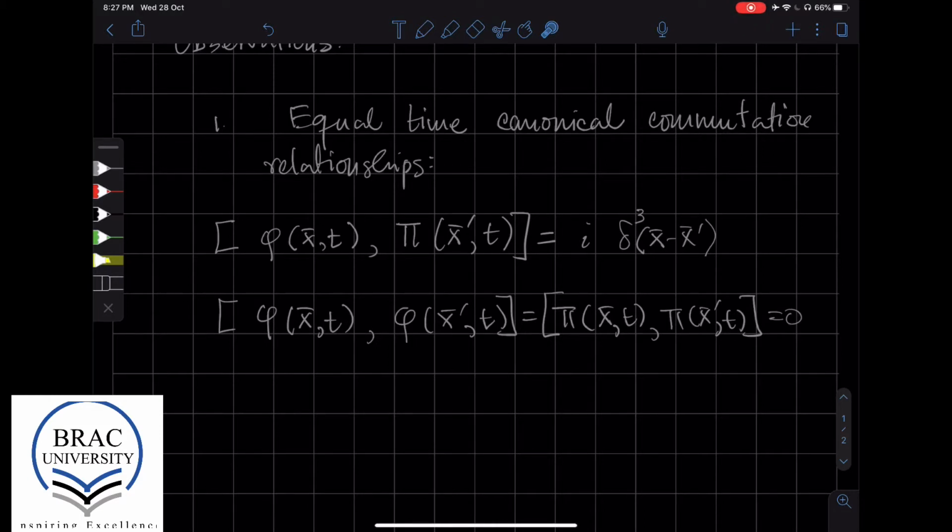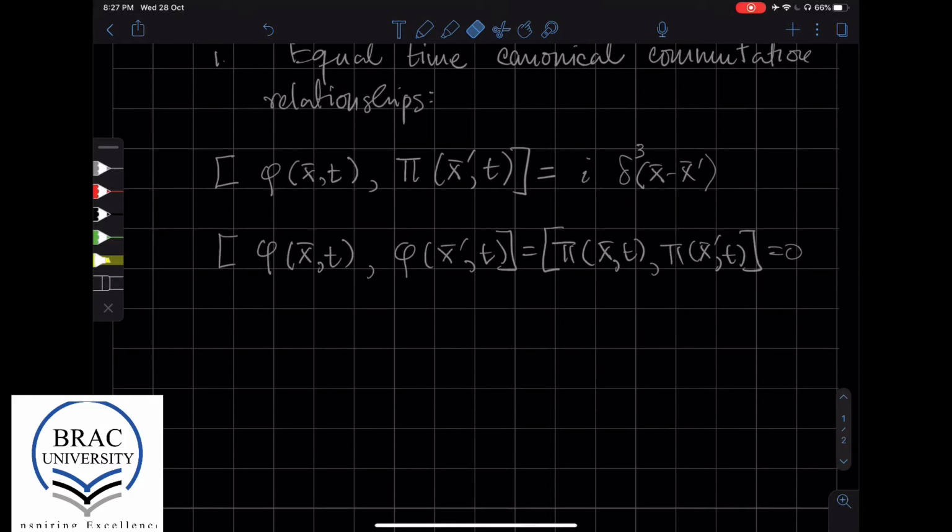So since we impose the quantization condition at a fixed time, we can ask, how do these commutation relationships depend on time? Or do these operators actually depend on time?